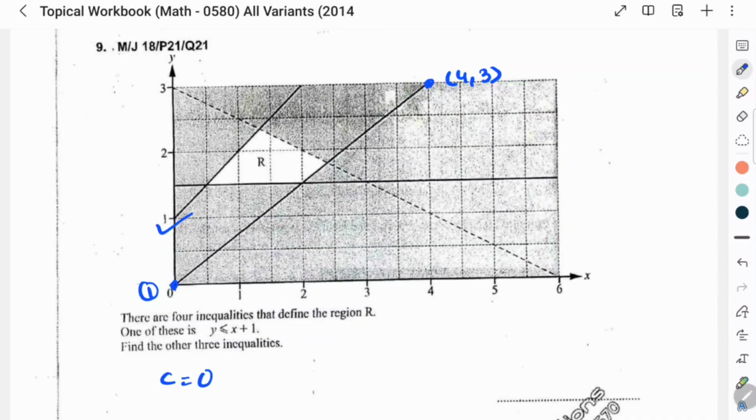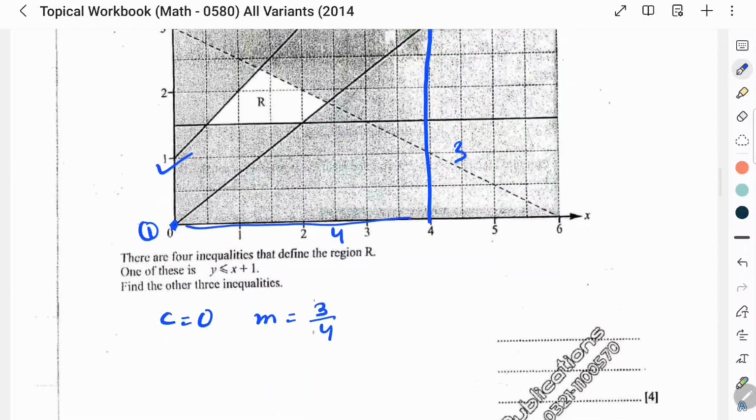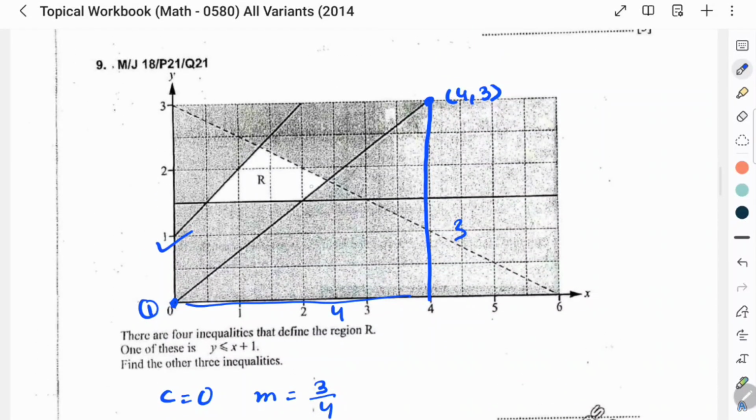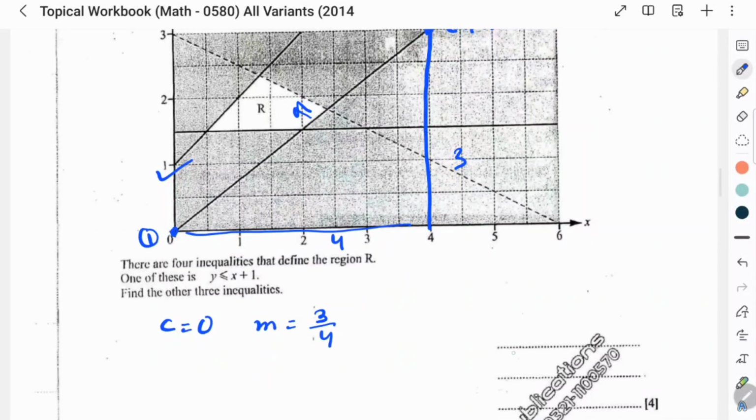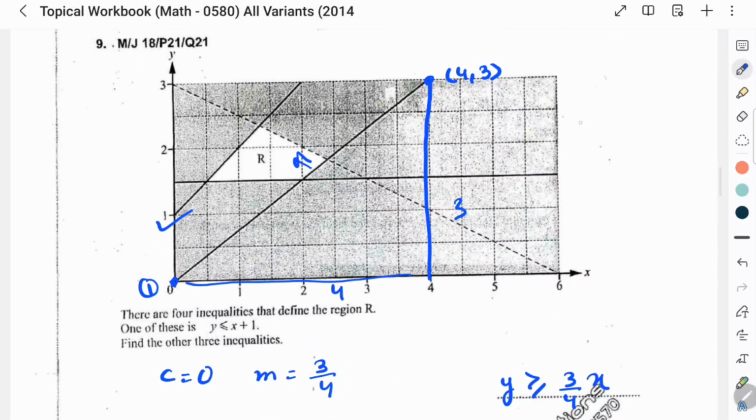So your rise is 3 and the run is 4 and it is a positive gradient, so the gradient is 3 over 4 and the y-intercept is 0, and your region is above the line, so that's why y is greater than or equal to 3 upon 4x. You can take these two coordinates 4, 3 and 0, 0 and then also you will get the gradient 3 over 4.